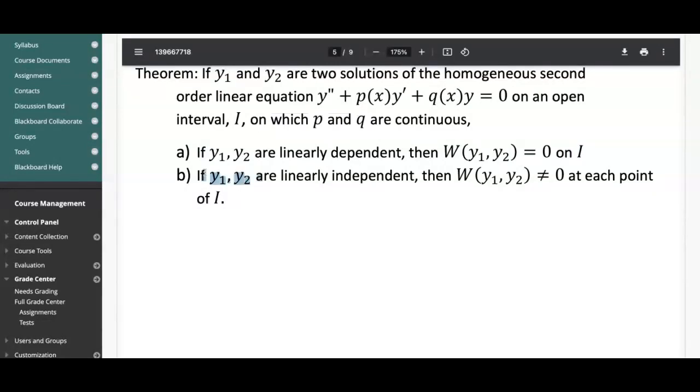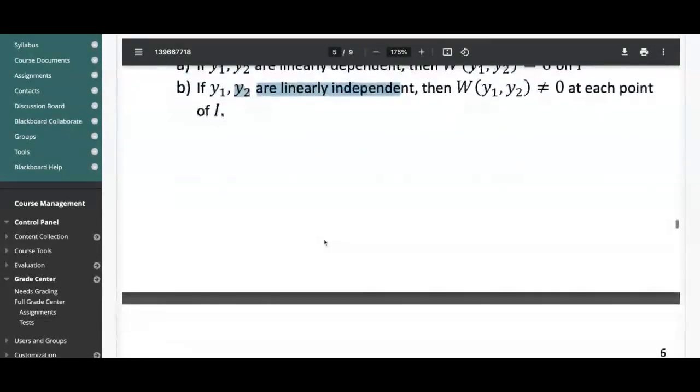B, if y1, y2 are linearly independent, then the Wronskian is not equal to 0 at each point of I.